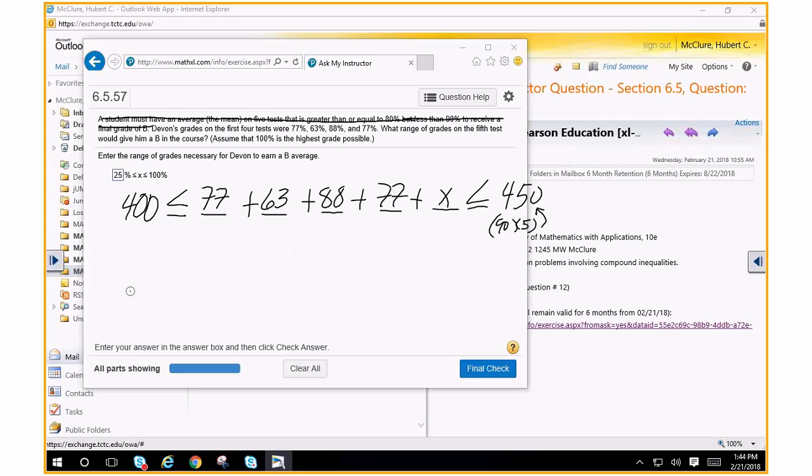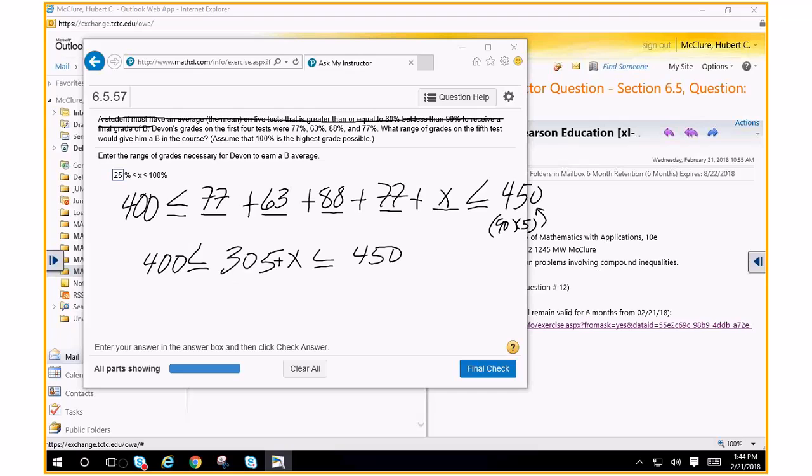What do you get? I'm sorry, what? 305. Now, how did I get rid of multiplying by 305? Oh, sorry, it's supposed to be a plus.